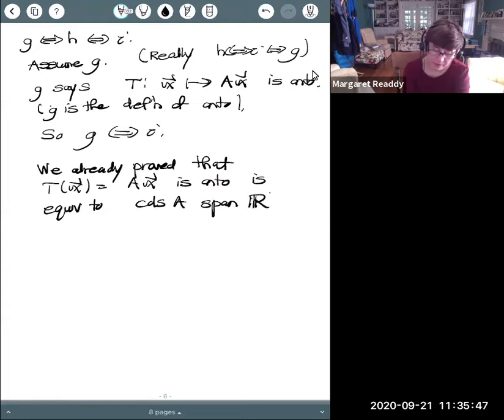So H, the column span, is the same thing as I. So H is the same as I is the same as G, so G, H, and I are all the same. Okay, so we're done.